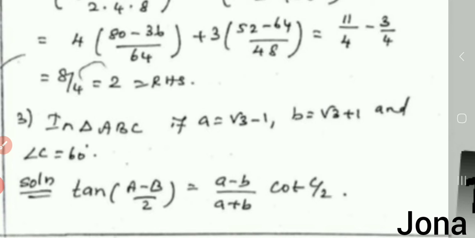That Napier formula I want to take here. So for a I want to substitute root 3 minus 1, for b root 3 plus 1, divided by root 3 minus 1 plus root 3 plus 1 into cot 60 degree by 2. The formula is given in our book, so we just substituted that.